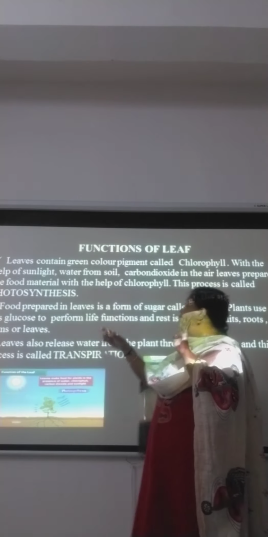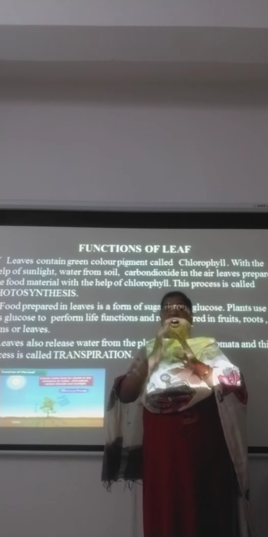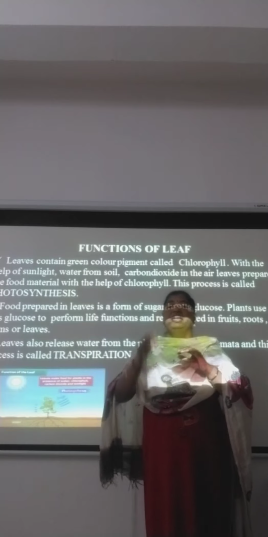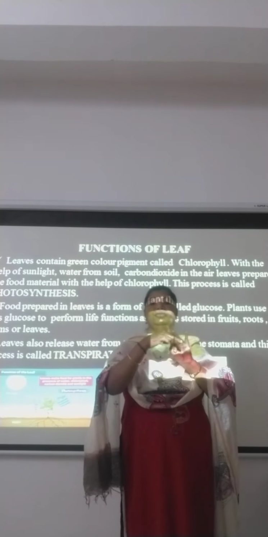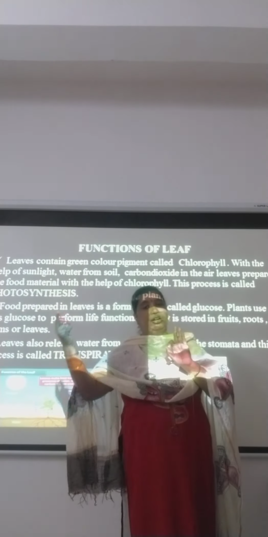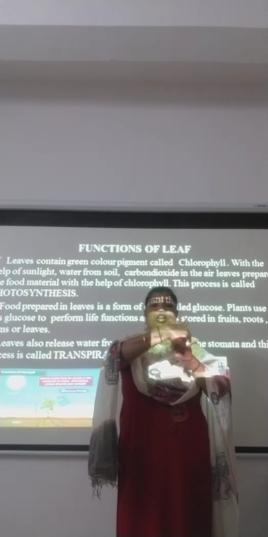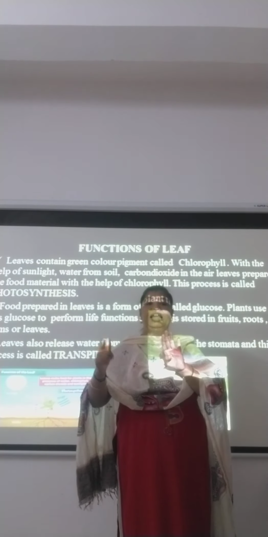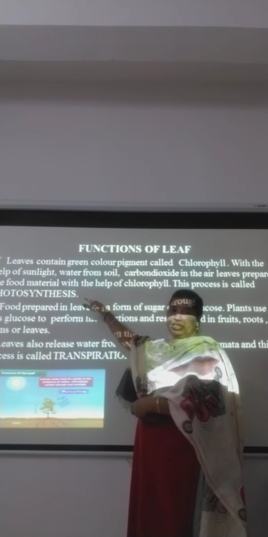These four very important things should be present for the leaf to prepare the food. In this process the leaf utilizes sunlight, water from the soil, carbon dioxide from the air, and the chlorophyll pigment, the green pigment present in the leaf. It utilizes all four to prepare the food material, and this process is called photosynthesis.